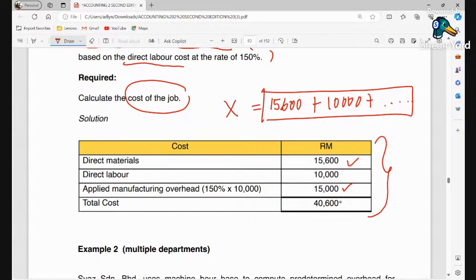So the total cost to produce the 10 units of kitchen cabinet is 40,600. Given here it's a single department, maksudnya dia tidak ada pecahkan proses tu kepada few departments. They have only one department, so kita boleh terus kira one shot. Okay, we look at example 2.